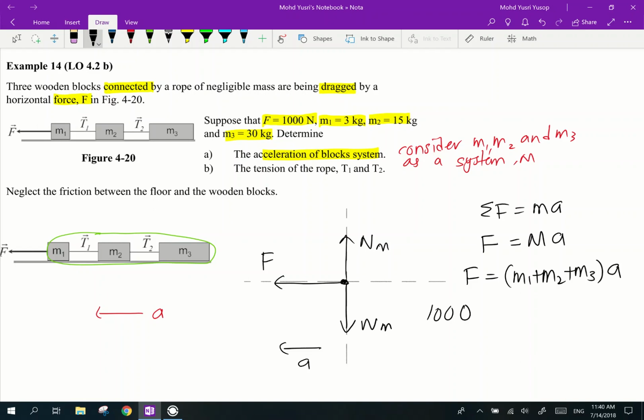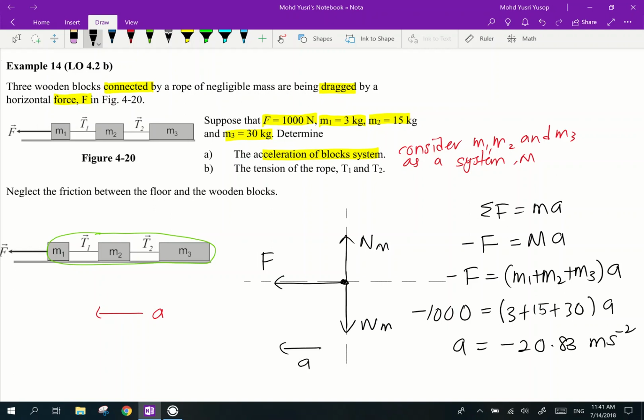Okay, now I made a mistake. Negative 1000, because F is in the negative direction, is equal to 3 plus 15 plus 30 times acceleration, and we get acceleration equal to negative 20.83 meter per second square.